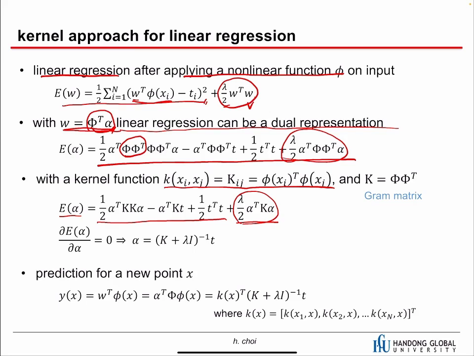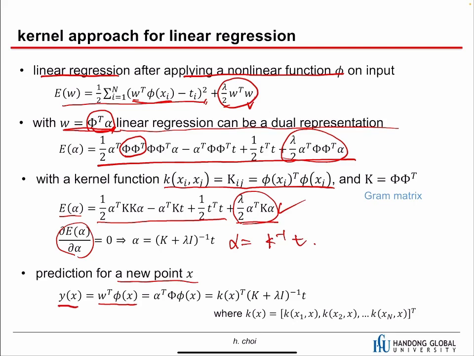Then take a derivative and set it to 0. Then alpha is, without this term, K inverse t. So given a new point x, y of x is W transpose phi of x. This one is exactly the same as kernel PCA.